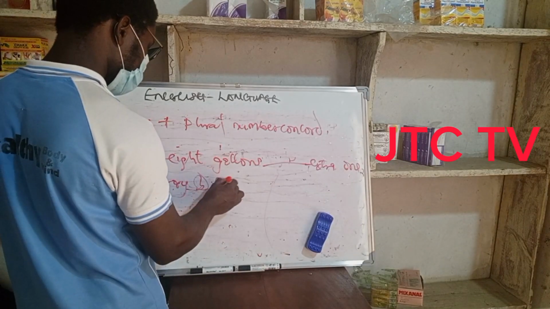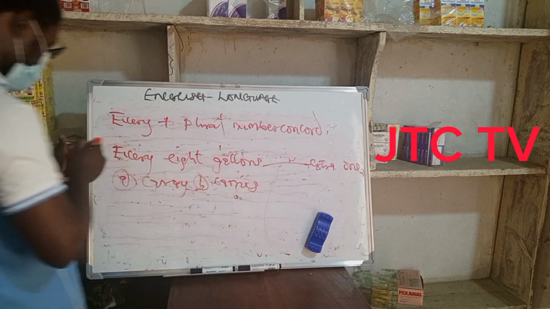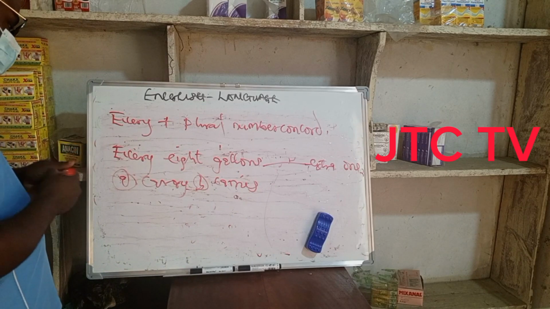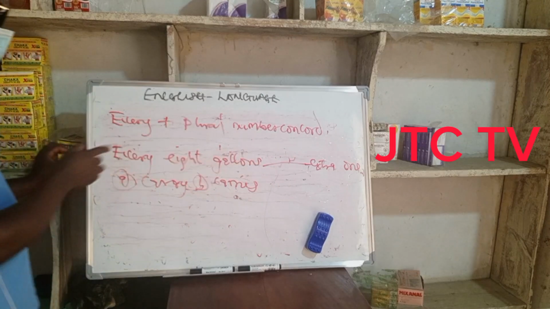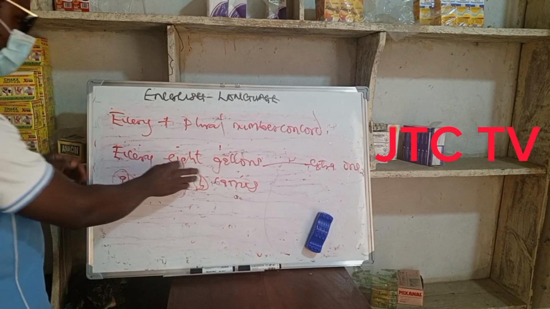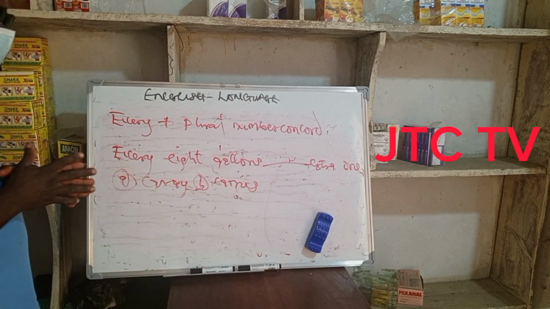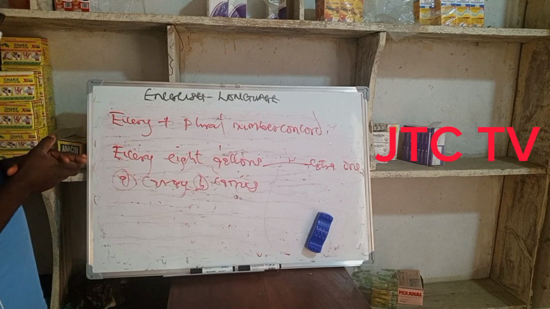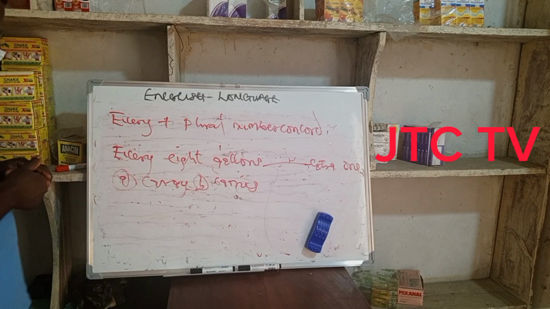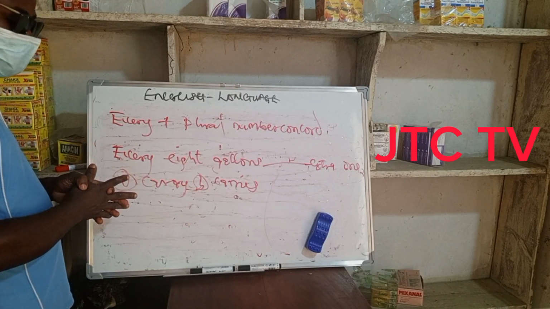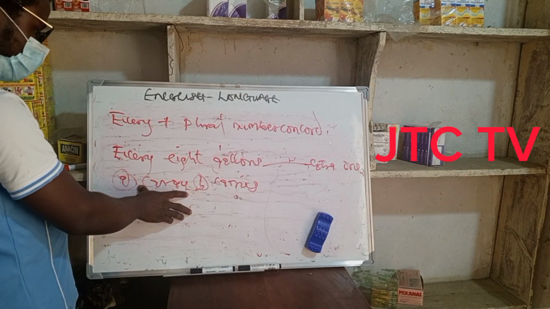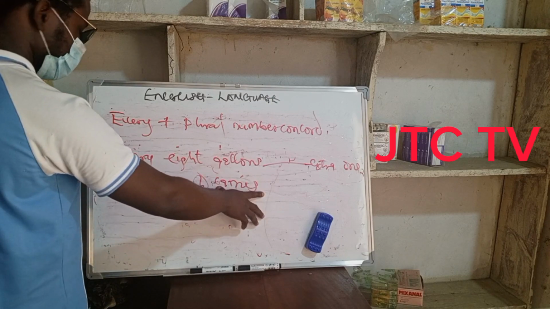Second option, carries. Right? Every 8 gallons dash extra 1. I said whenever every comes before a plural number, the verb should be plural. Okay? So now, which of these options carries the plural verb? This one is without s. This one is with s.